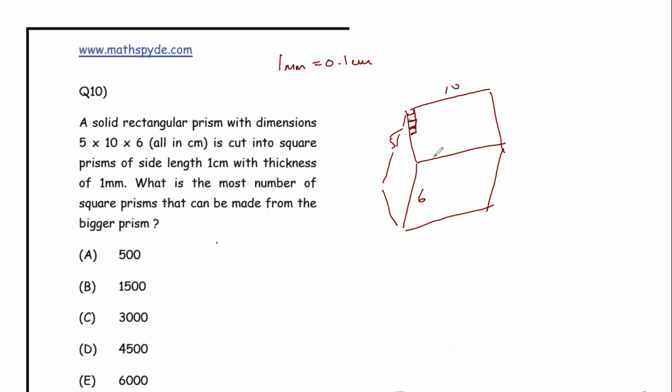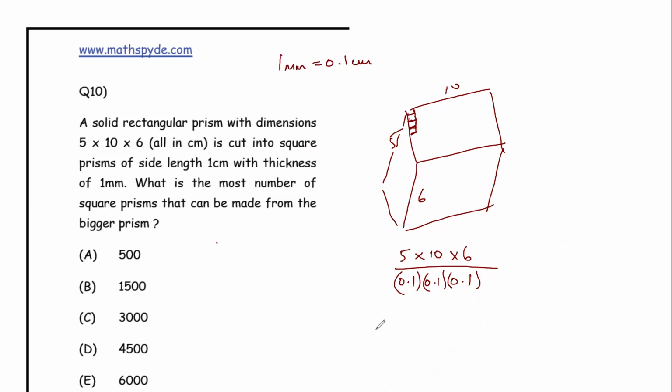So we know that we have 5, 10, 6 divided by 0.1, 0.1, 0.1, right? That's how we work it out, correct?